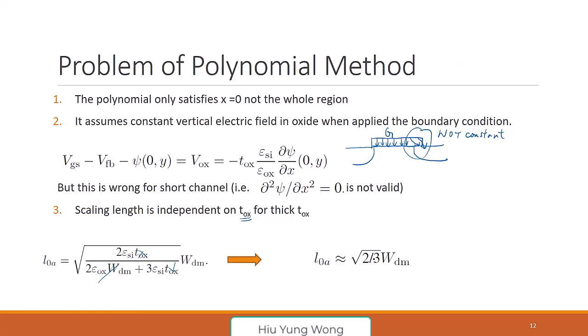When the oxide thickness is large, it still depends on the T-ox. So that is the problem. You don't have to memorize this. Who will memorize this, right? But I still want you, when you study, to go through this, because then you understand how important the channel length is.